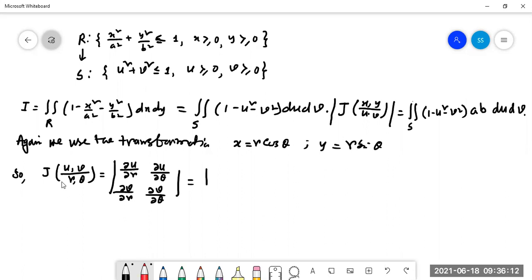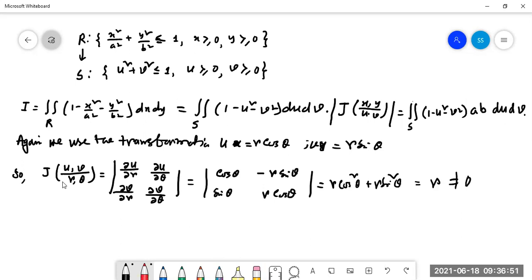Sorry, it is not the x, it will be u and this one will be v. So del u del r equal to cos theta, del u del theta equal to minus r sin theta, del v del r equal to sin theta, del v del theta equal to r cos theta. So it will be coming that r cos square theta plus r sin square theta is equal to r, which is not equal to 0.